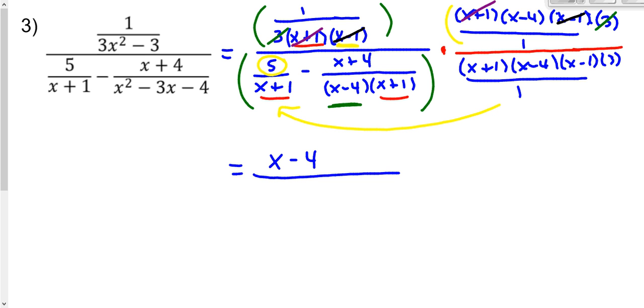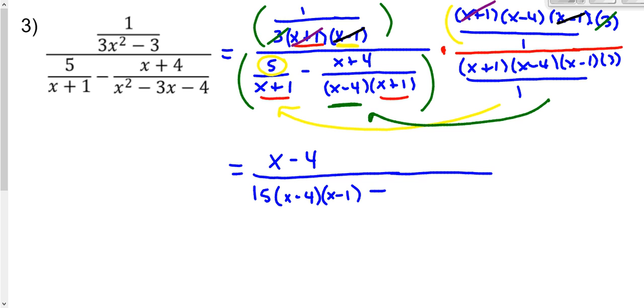So we have 15 times x minus 4 times x minus 1 minus, now let's work on the second one, all that times the second fraction. On the bottom we have an x minus 4, so that will cancel with the x minus 4. On the bottom we have an x plus 1, that will cancel with the x plus 1. So we're still going to have the x minus 1, we're still going to have the 3, and we still have the x plus 4 from the top. So 3 times x plus 4 times x minus 1.